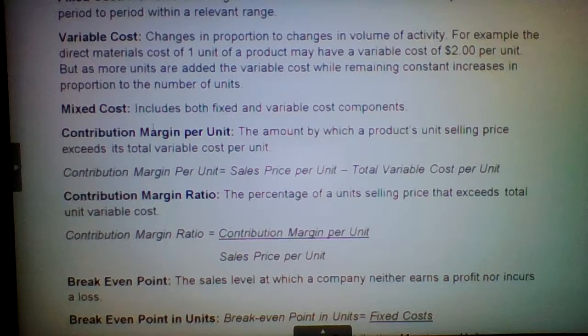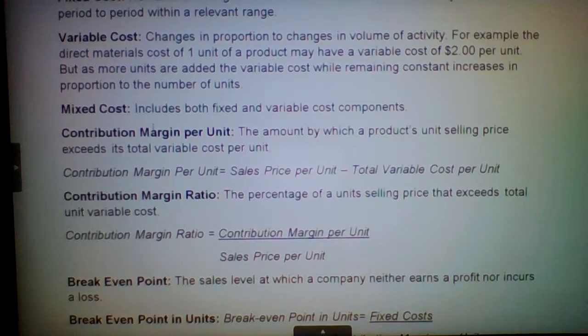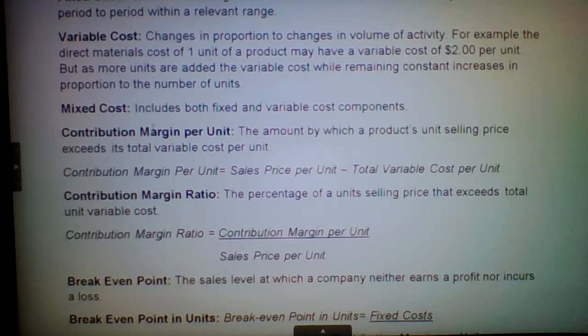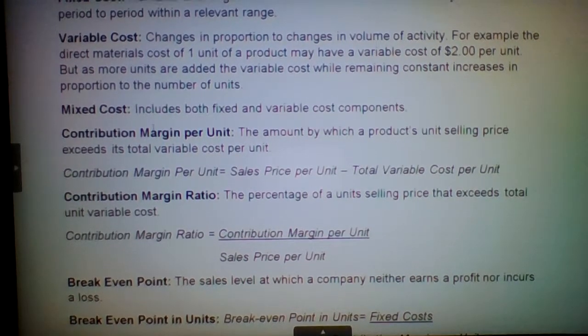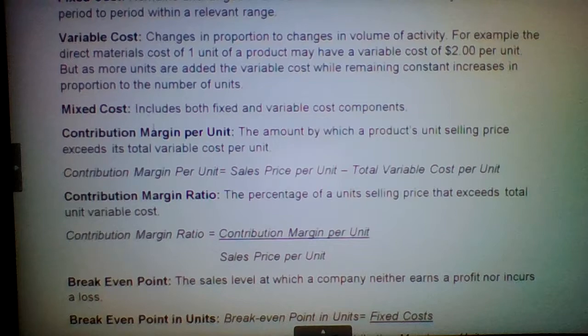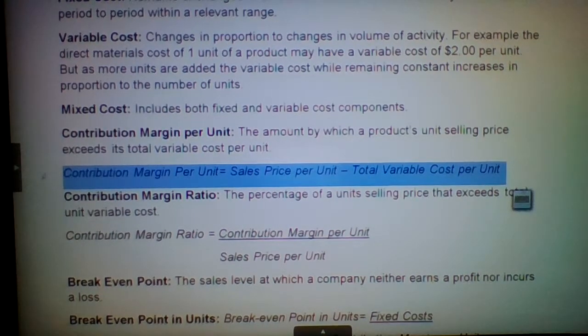So if you sell an item at $100 and your variable cost in it is $70, then you have $30 of contribution margin per unit. The way you're going to figure that out is contribution margin per unit equals sales price per unit minus total variable cost per unit.